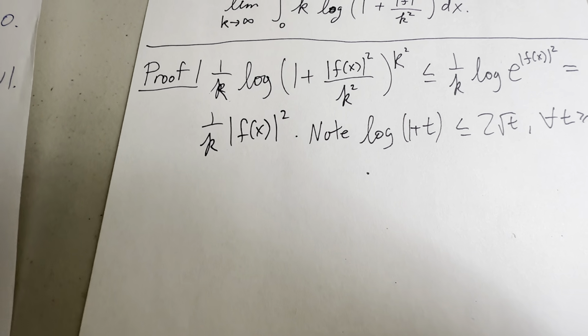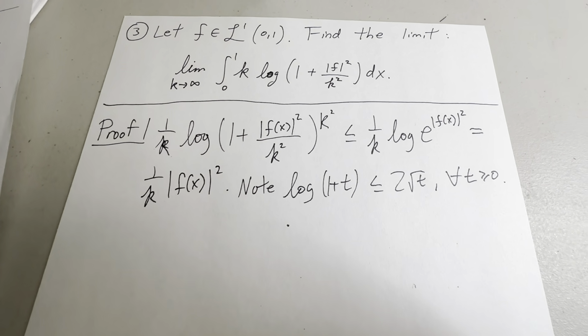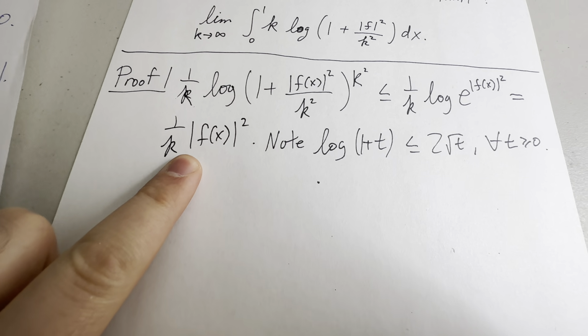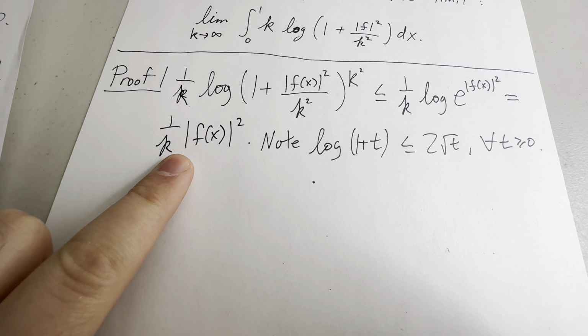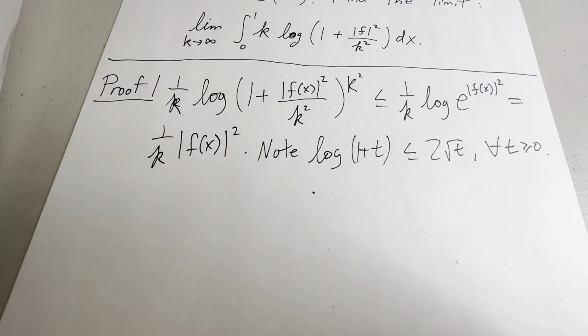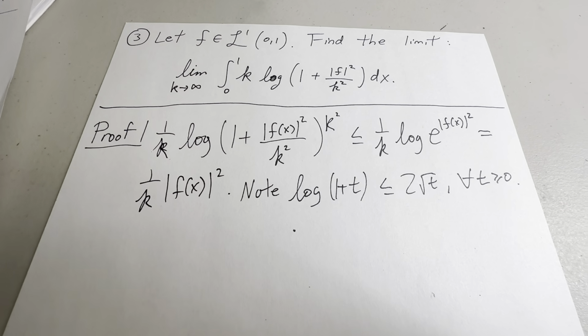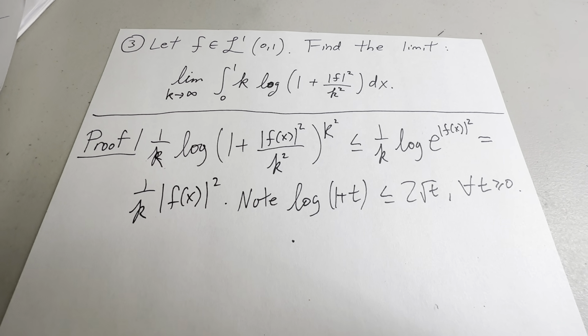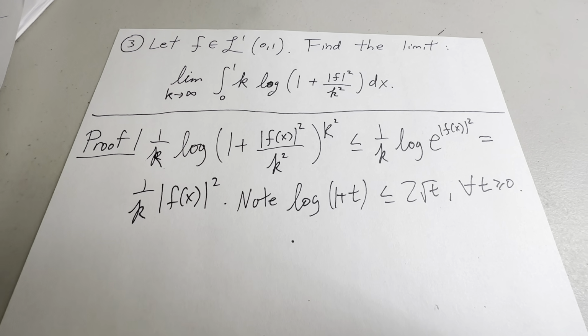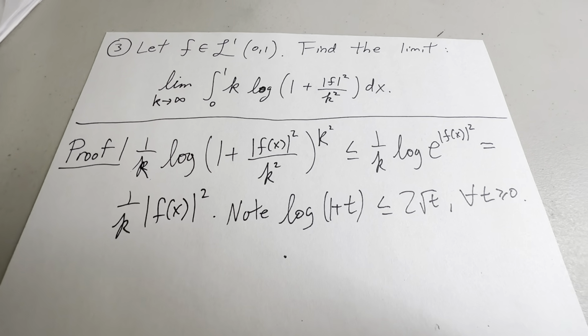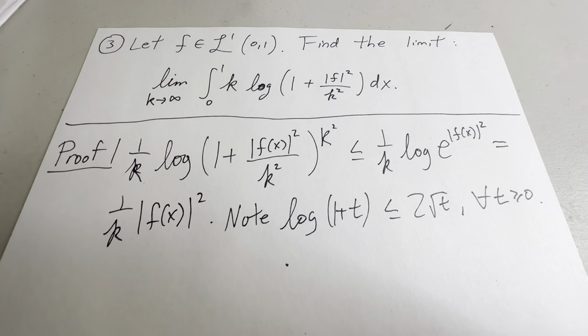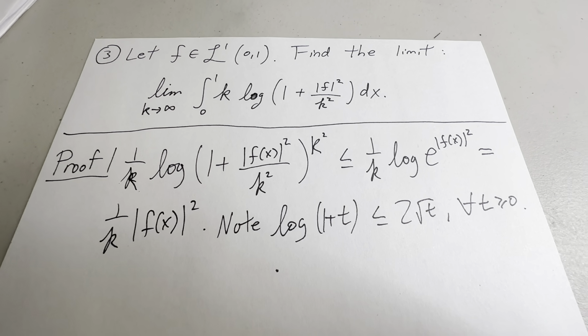I'm doing this because I need to find an integrable majorant, because that's going to allow us to pass the limit inside by applying the dominated convergence theorem. So the trick to this problem is using the dominated convergence theorem.